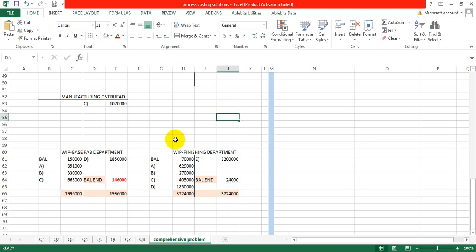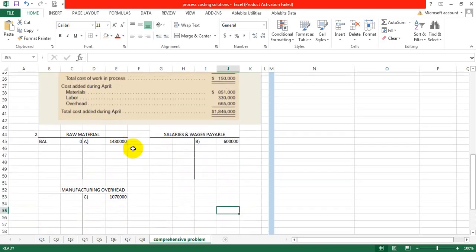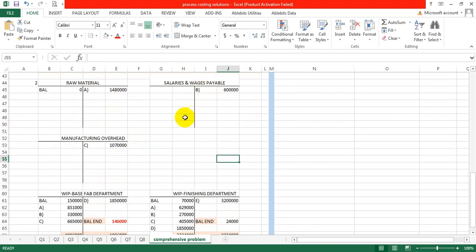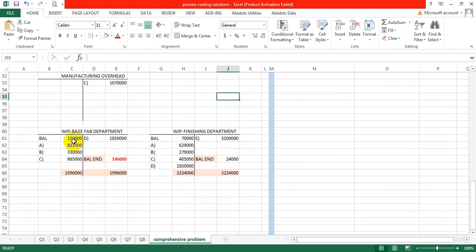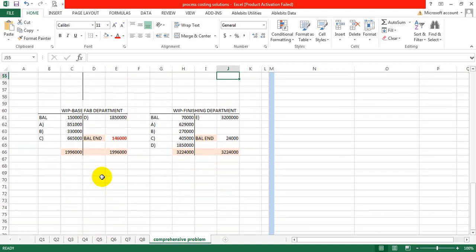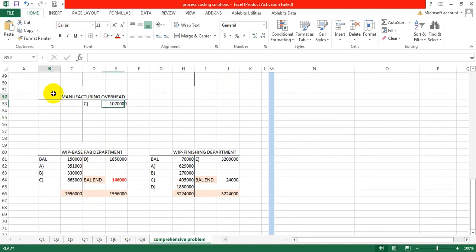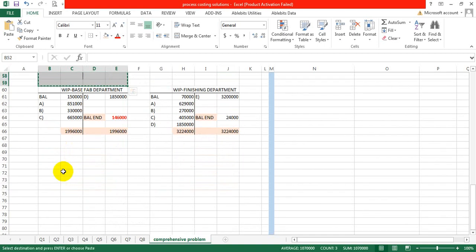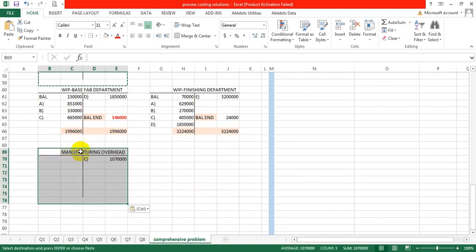So we have prepared the T accounts: raw material, labor, salaries and wages payable, manufacturing overhead, and the two departments, WIP base fab and WIP finishing department. And now we will prepare the finished goods T account. Okay, very easy. There is only one remaining T account, that is finished goods, right?